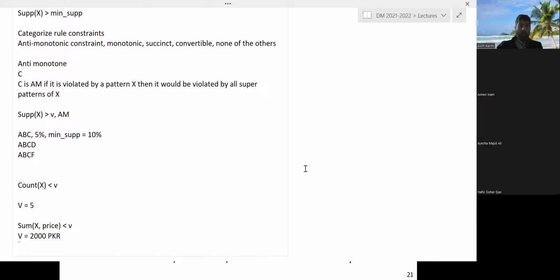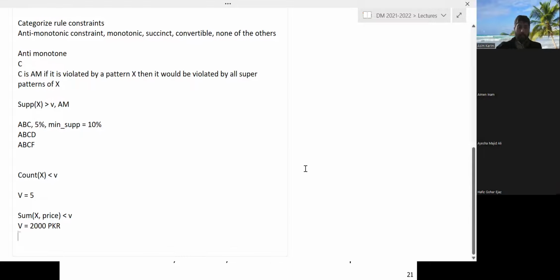Okay? So if someone has bought, let's say 3 items that are greater than 2000 rupees, that means it violates this constraint. Then if he buys any more items, then it will for sure violate this constraint. Okay? So this is another example of an anti-monotone constraint.